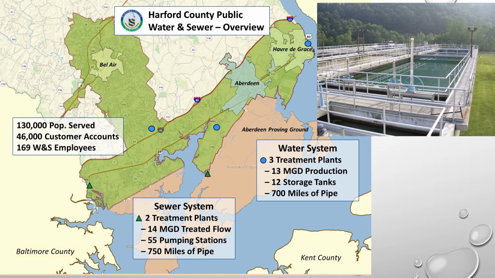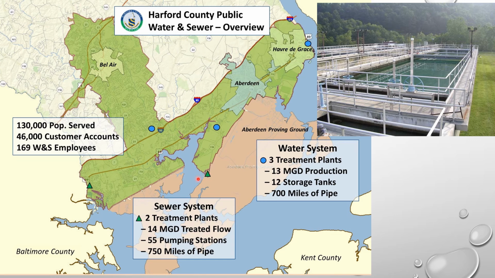Okay, if you live in Harford County, then your water gets treated at any of these blue dots. The blue dots are your water treatment facilities, and your wastewater or sewer water is going to get treated at the green triangles.